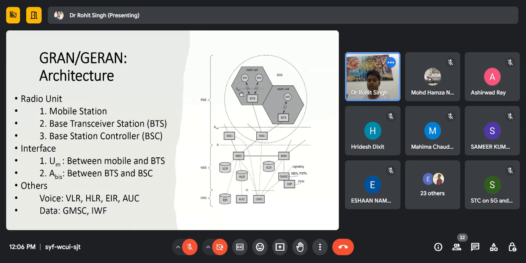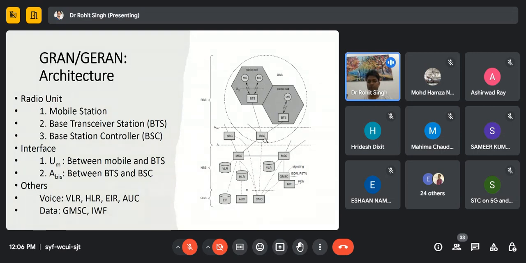So at the bottom side, you are just wirelessly connected to the BTS. BTS is nothing but the base transceiver station. Base transceiver station is being controlled by the BSC, base station controller. So if you move from one base station, from one hexagon to another hexagon, all such operations are being handled by the BSC.